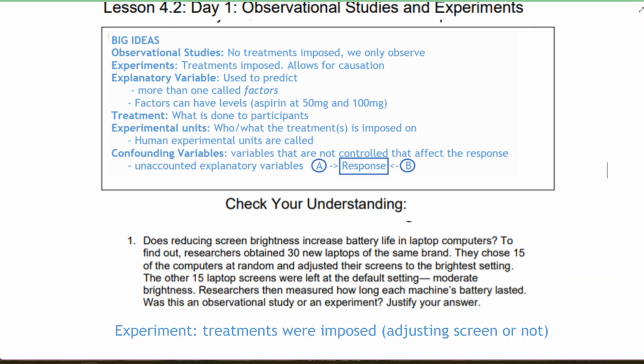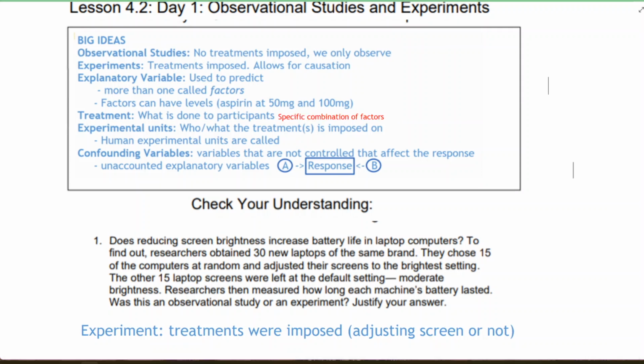SAT prep class, no. Treatment is what's done to the participants or the experimental units. It's a combination of factors. Experimental units are who the treatment was imposed upon. Human experimental units are often called, and I don't know why that didn't show up there, but they're called subjects.